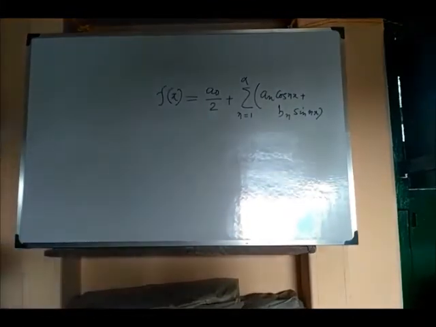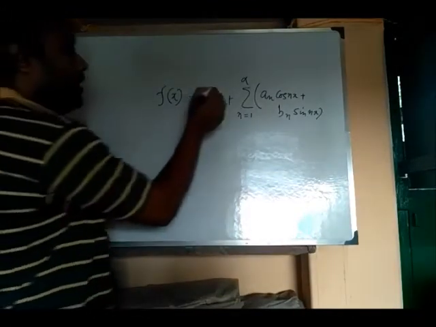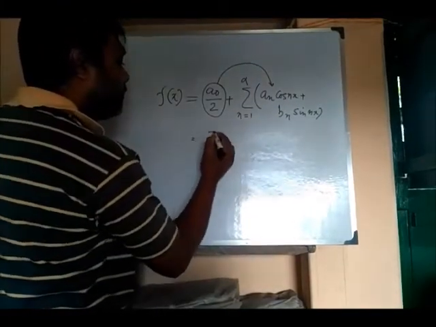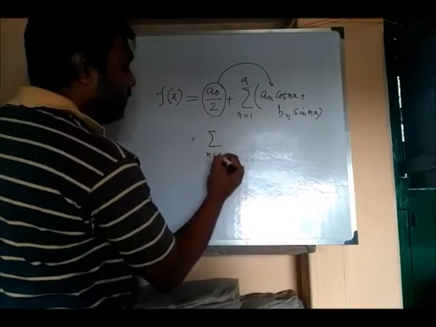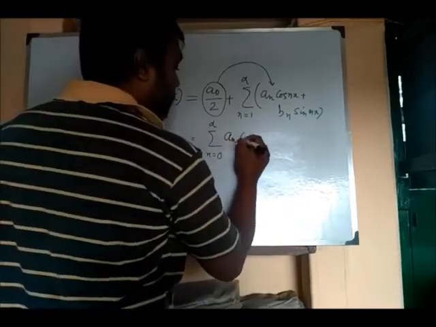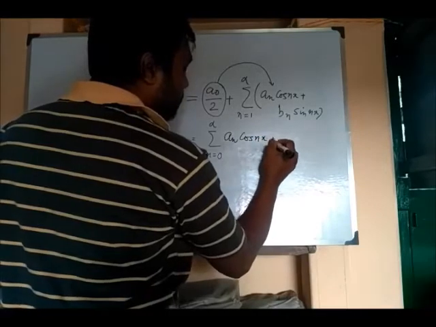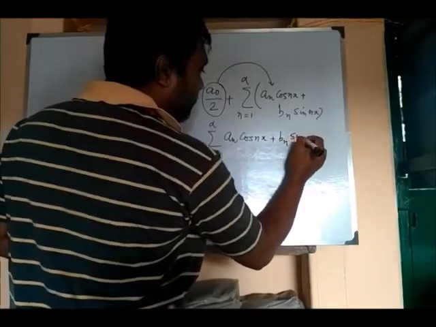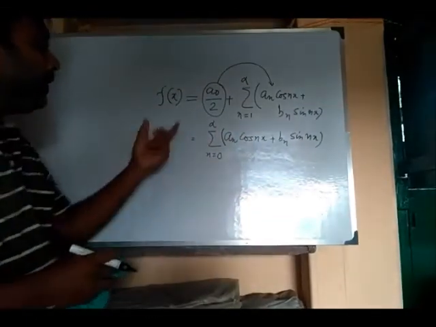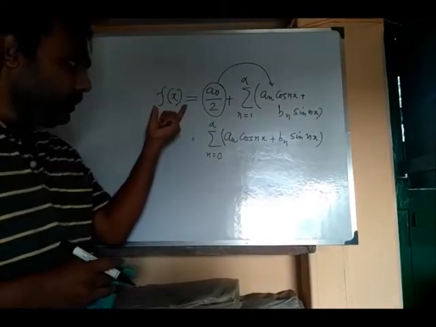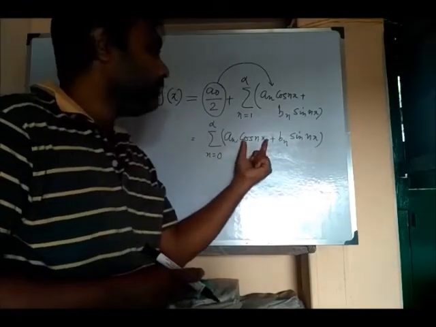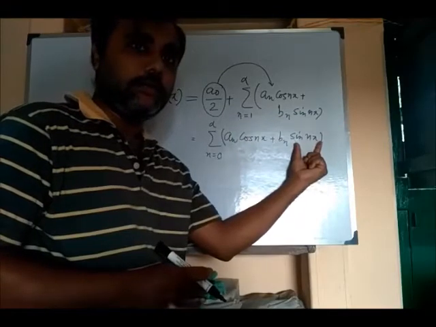Right? Now you can put this a0 by 2 term within the cosine function, so you can write the sum n equal to 0 to infinity of an cos nx plus bn sin nx. So a periodic function is nothing but a combination of cosine series and of course sine series.